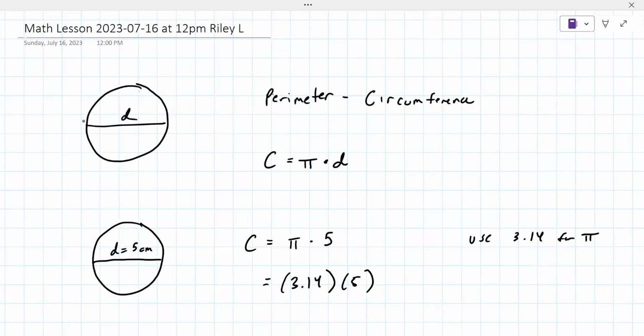So that's the circumference, right? Yes. You have the diameter, it's 5 centimeters, it's given.